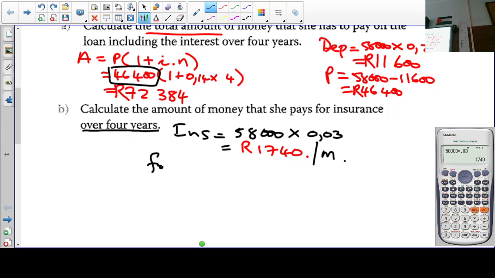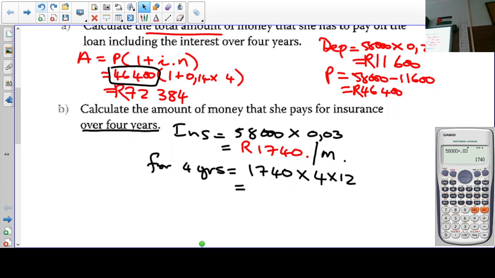So for 4 years, how do we calculate how much it is? 1,740 times 48, or 4 times 12. This is your 4 years. No? 48, 4 times 12 is 48. So that you times by 4 times by 12.